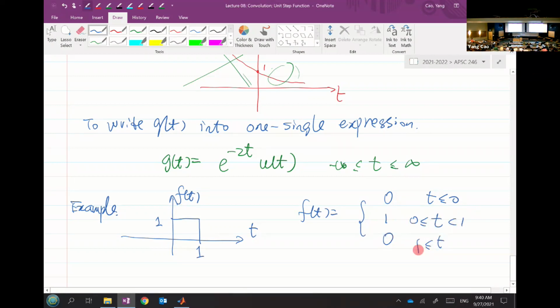So you have to write 3 pieces to describe this box function. My question here is, can we make use of the unit step function to write it into one single expression representing this box?